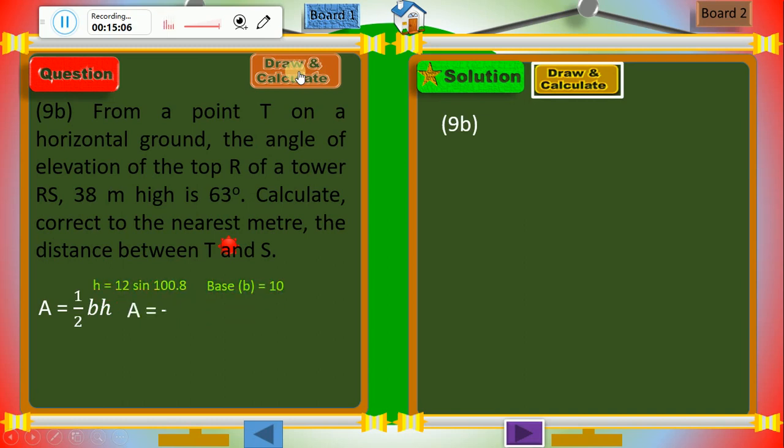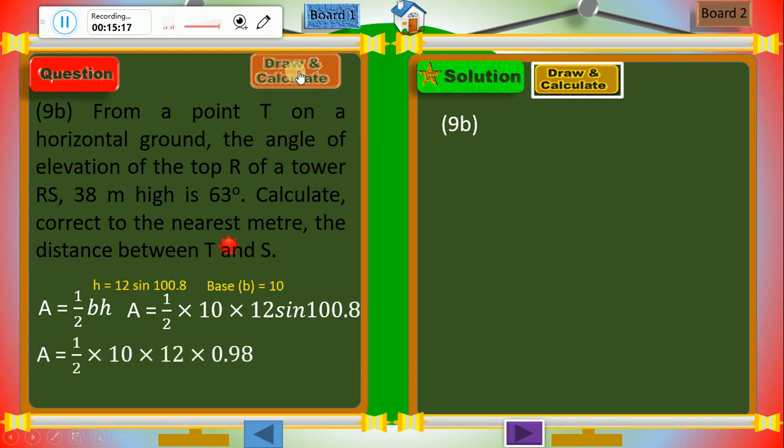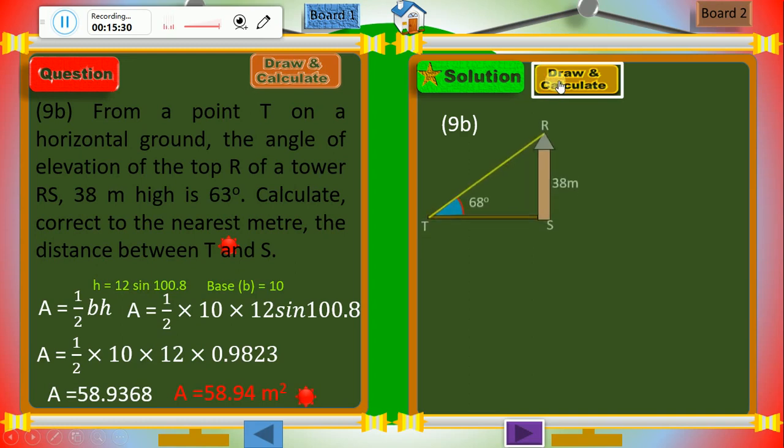We substitute that into that equation. That gives us this. So the area is equal to this, 58.94 meters squared.